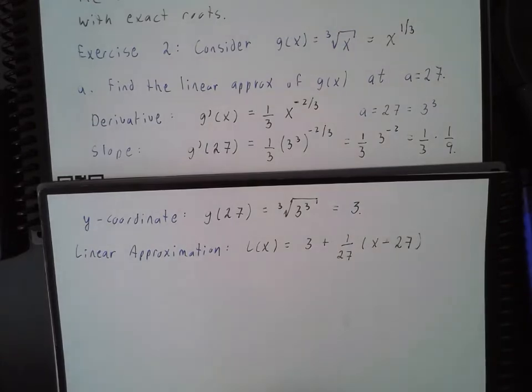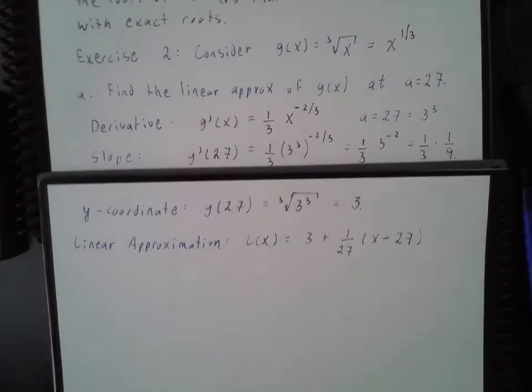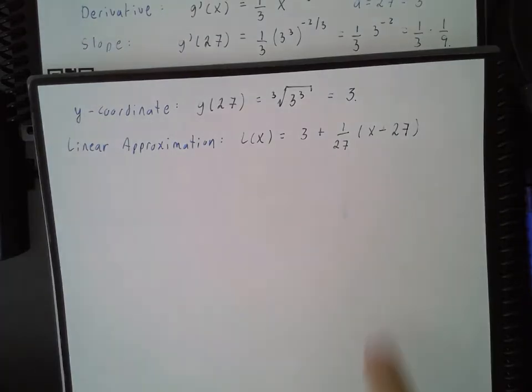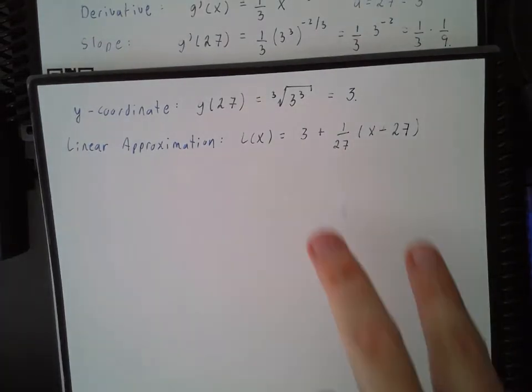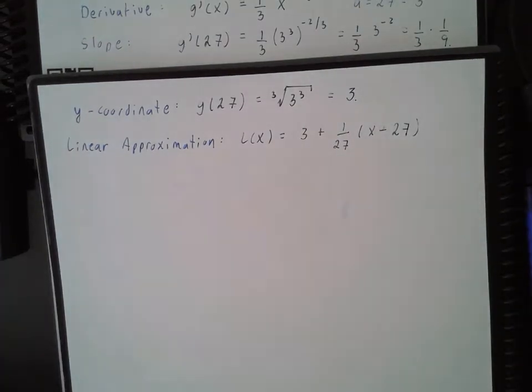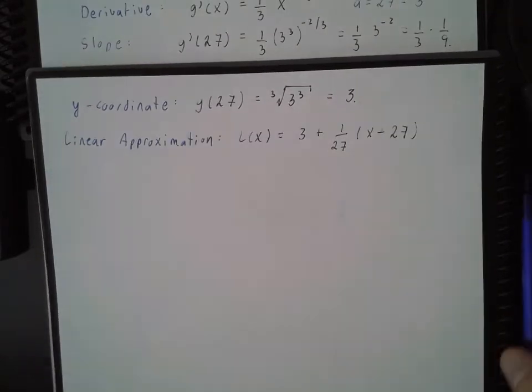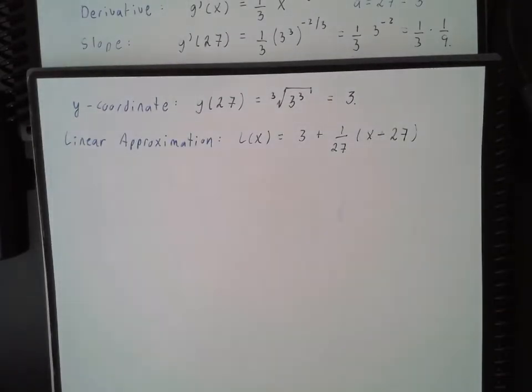Well, I was able to correct that before one student asked me the question. And you can simplify this expression, but my recommendation is, since you're going to estimate some cubic roots, the easiest thing is to leave the linear approximation in this way.